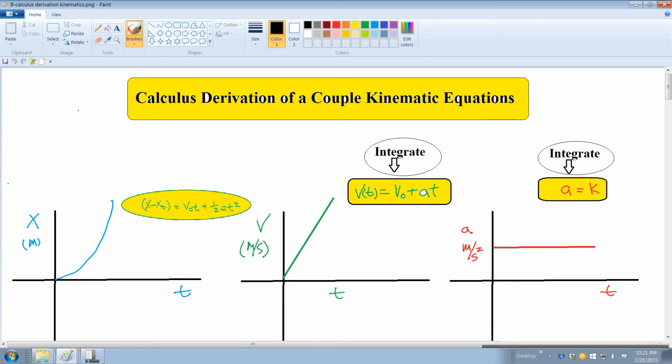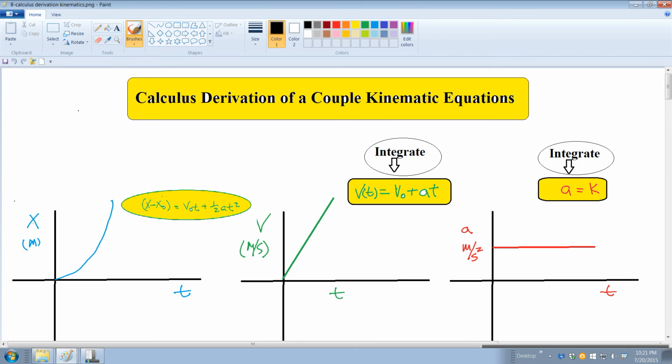And so, really, the kinematic equations make much more sense, not with the algebraic derivations, but when you take integration or derivation, derivatives or integrals. And let me just show you the way I think it makes the most sense.